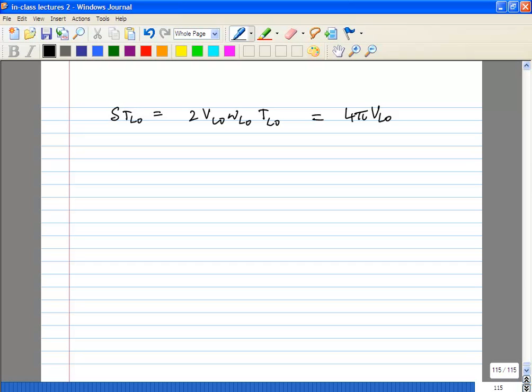Then what we are going to do is, since delta t is very small, because the noise is much smaller than your LO signal, you can also replace it as an impulse train.